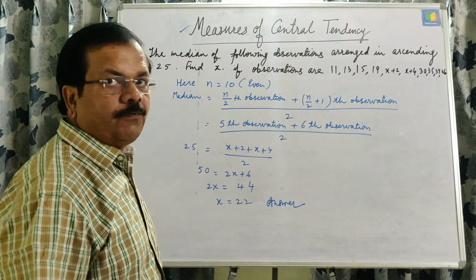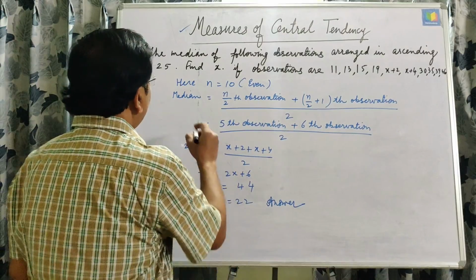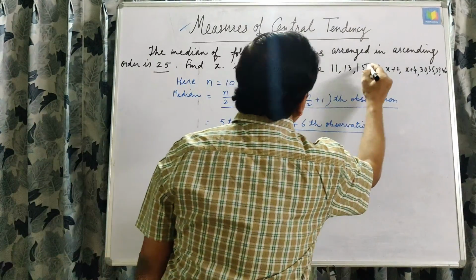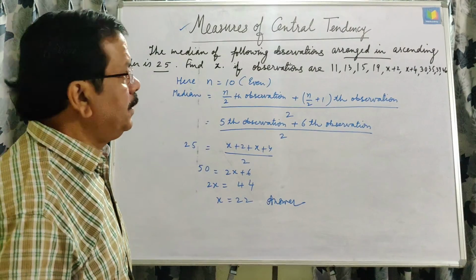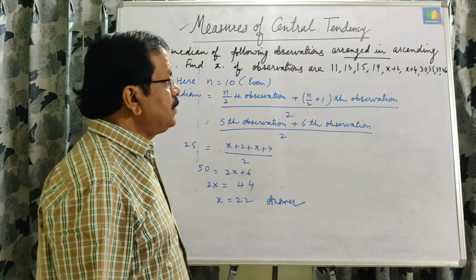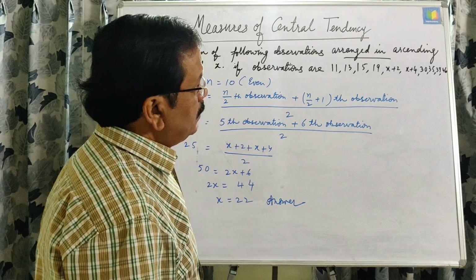The median of the following observations arranged in ascending order is 25. Find x if the observations are 11, 13, 15, 19, x plus 2, x plus 4, 30, 35, 39 and 46.